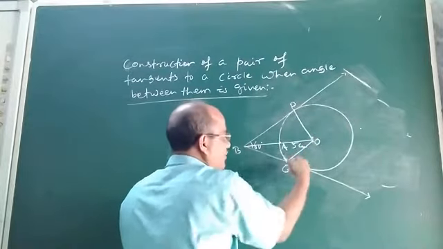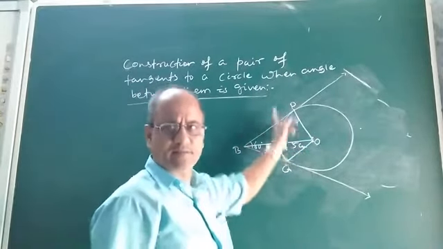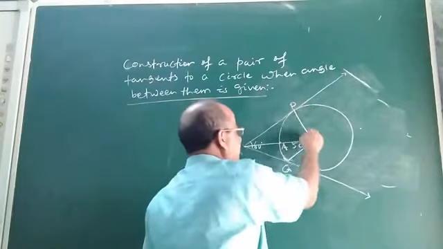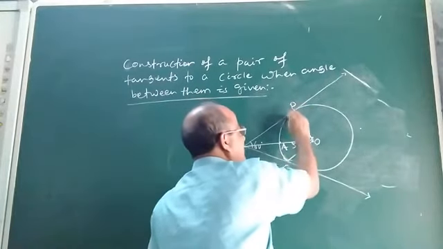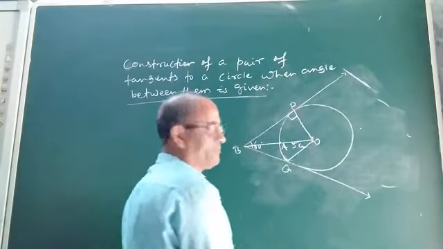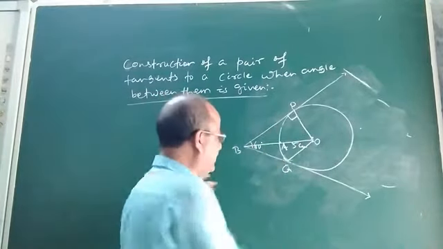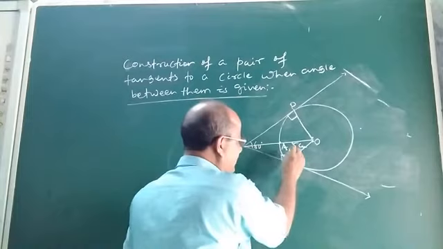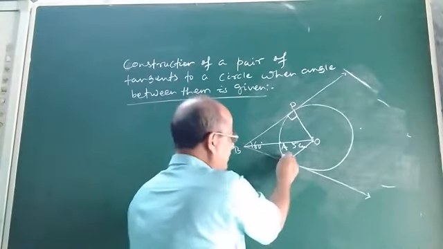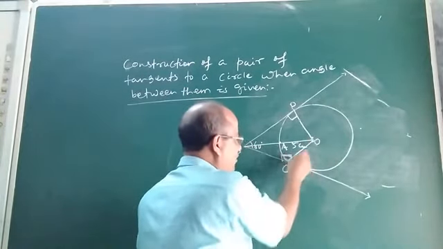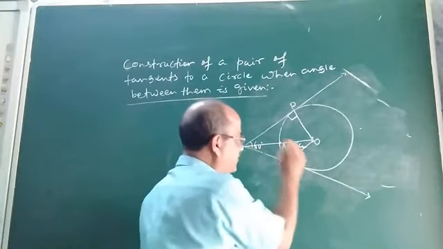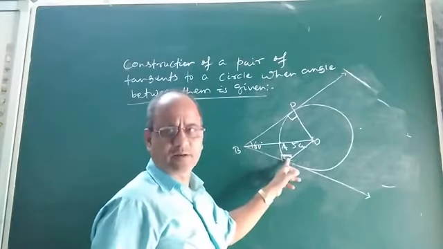Now clearly OP and OQ are the radii of this circle. So if this is the radius and this is the tangent, then no doubt this angle will be 90 degrees, because the angle between the radius and the tangent is 90 degrees. Similarly, this angle will be how many degrees? 90 degrees, because OQ is the radius and BQ is the tangent.